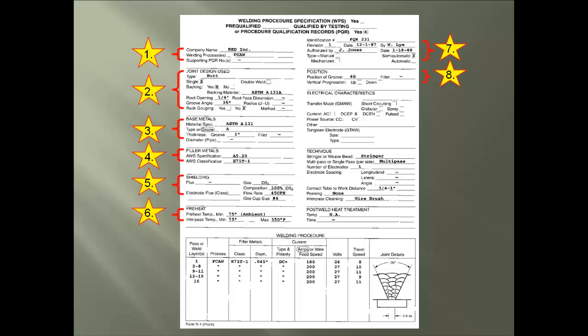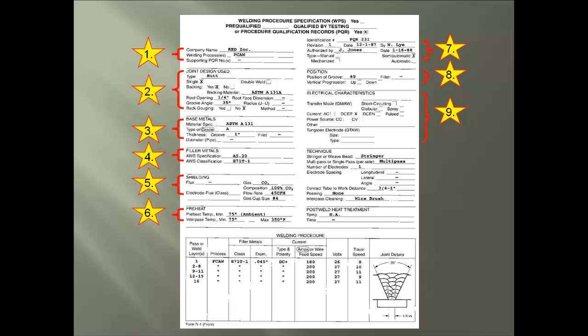Positions are either flat, horizontal, vertical, or overhead, with a G standing for groove weld and an F representing the fillet weld, where the progression of the electrode is either uphill or downhill only if vertical position is used.